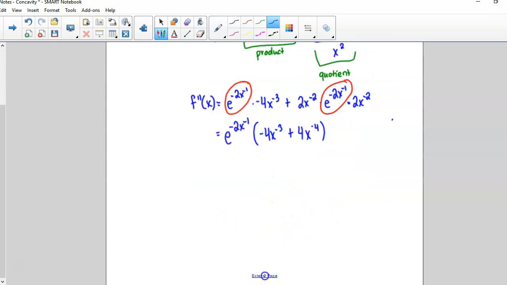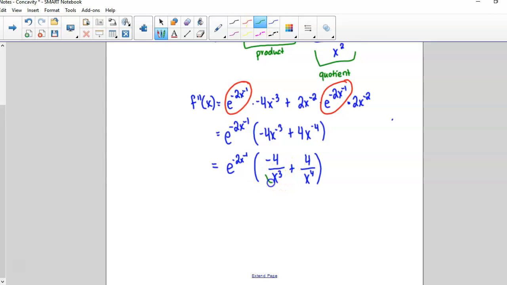So we've got to figure out where this is positive and where this is negative, which is not all that easy with all these negative exponents. So I would probably leave the e to the negative 2x to the negative 1 alone. But over here, I would make this negative 4 over x to the third plus 4 over x to the fourth, and then get common denominators.